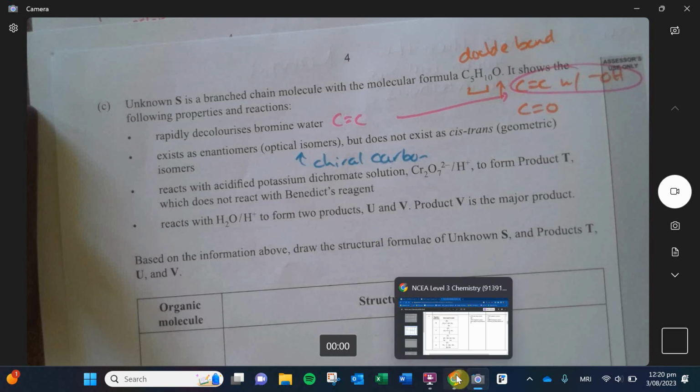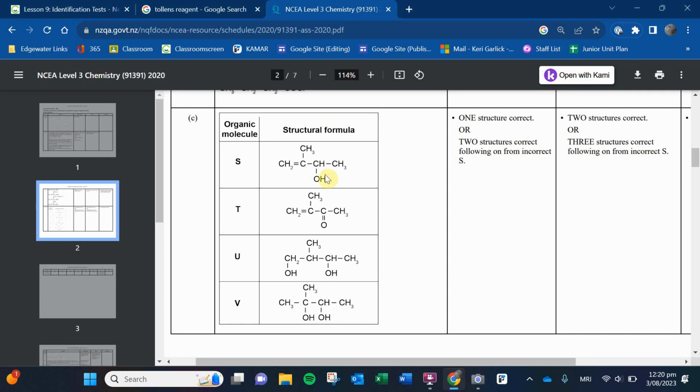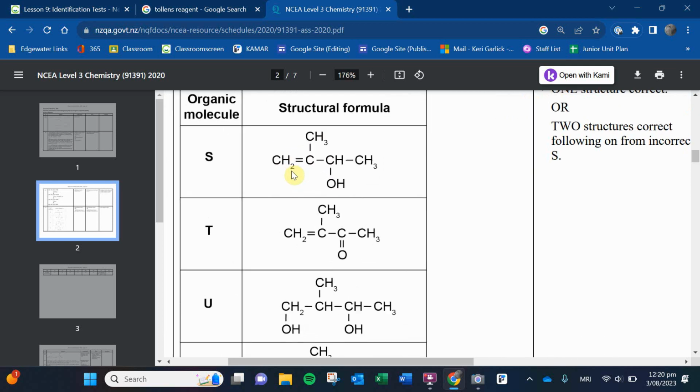So when we look at the marking schedule and we're trying to figure out what we see, this here shows the alkene. It doesn't form geometric isomers because it's on carbon 1 and 2, and I have 2 hydrogens on carbon 1. So that tells me no geometric isomers. The other thing I am looking for is a chiral carbon because it can form optical isomers.